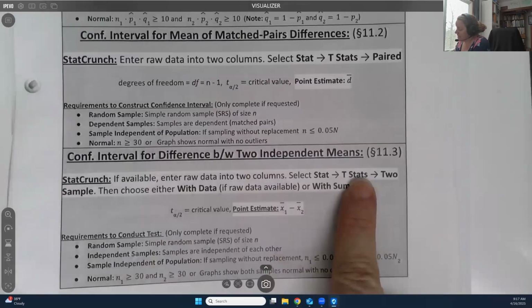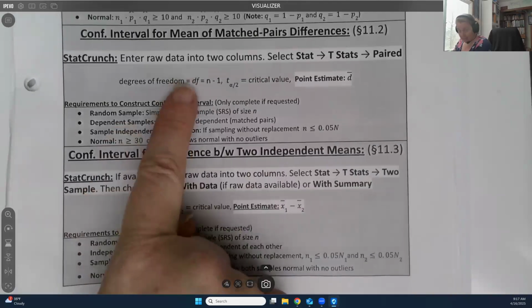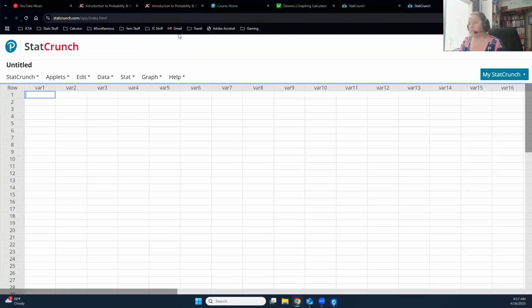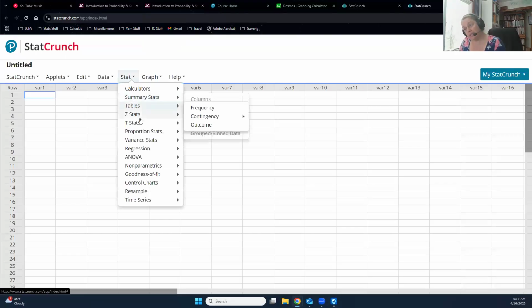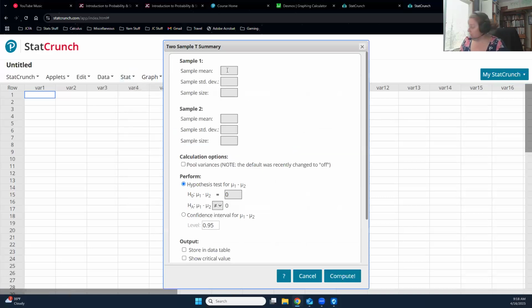So it's Stat, T Stat, Two Sample. Right? It's not a paired thing. They're separate groups. So let's do that because we're going to have to do it anyway. Stat, T Stat, Two Sample with summary, right? We don't have data tables on this one. And the mean, okay, so what was the mean for group 1?